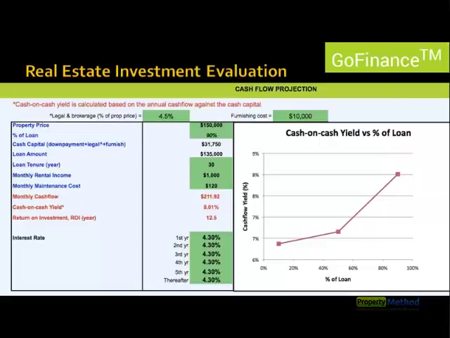Gold Finance analysis can be used for any type of income-producing real estate. The numbers may vary for office buildings, shophouses, etc., but the same formula still applies.